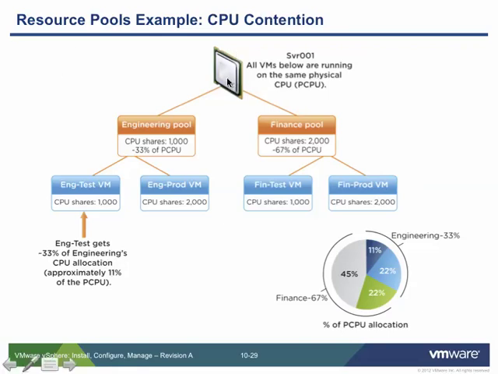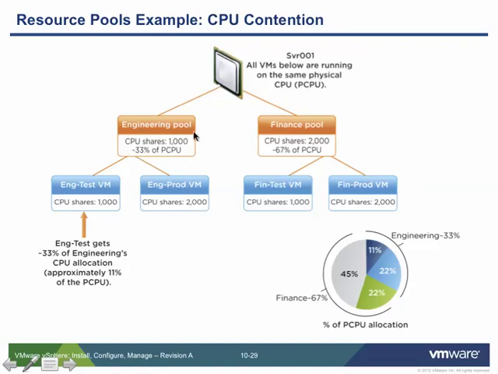If up here at the very, very top, we're talking 100%, then 33% of this 100% is available for these two guys. So we have to divide this 33% amongst these guys. Well, if this test engineering VM gets 1/3 of whatever this is, 1/3 of 33 is 11%. This guy gets 2/3. So 2/3 of 33% is 22%.